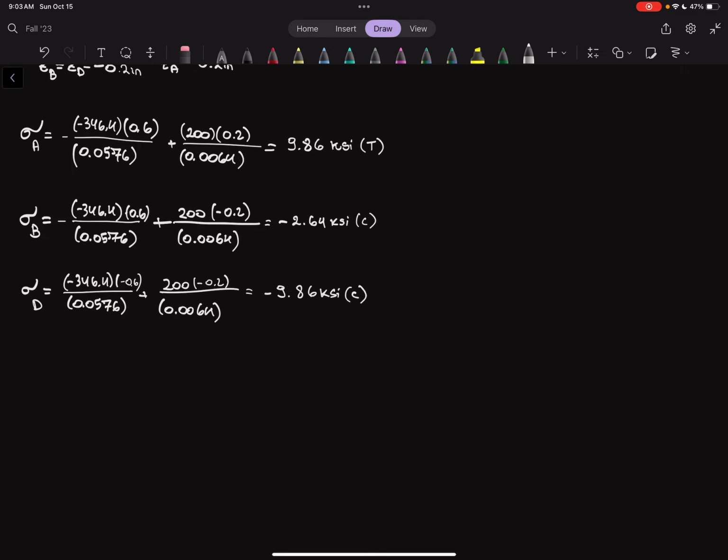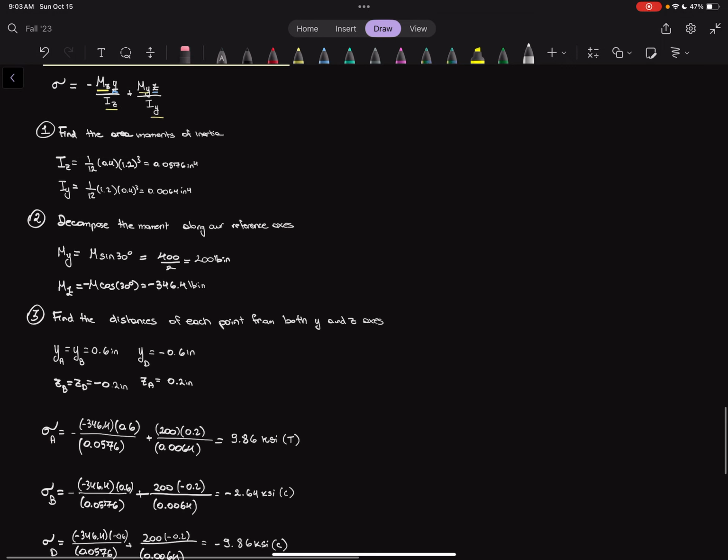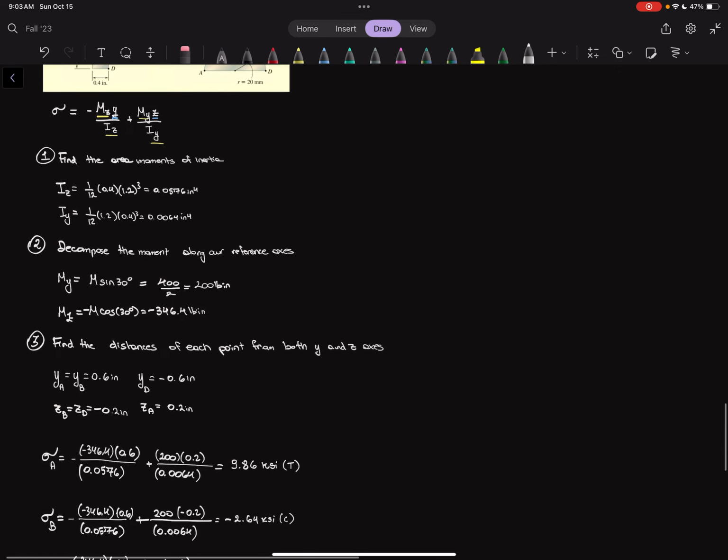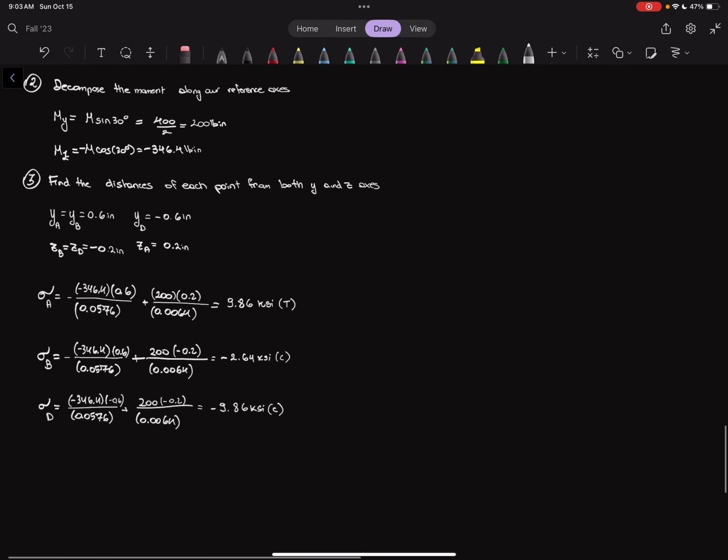And now that we have this, we can reason through the stress distribution and say, hey, it's at a minimum at D and at a maximum at A. So if you were to look at it from the side, and this is my A and this is my D, it would kind of look like this.